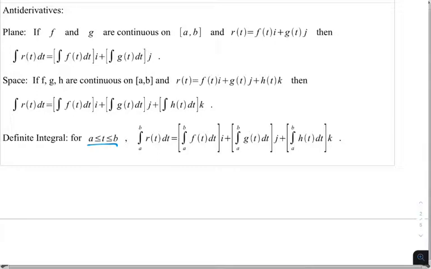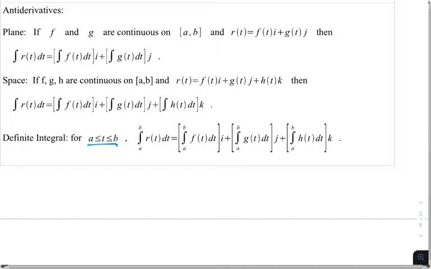For the space, if f, g, and h are continuous on the closed interval [a, b], so we're assuming that t is on the closed interval [a, b], r of t is equal to f of t i plus g of t j plus h of t k, then the integral of r of t dt is the integral of f of t dt, that's the i component, plus the integral of g of t dt, that's the j component, plus the integral of h of t dt, and that's your k.